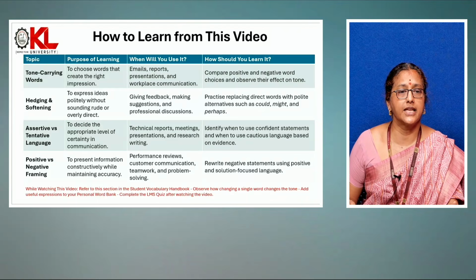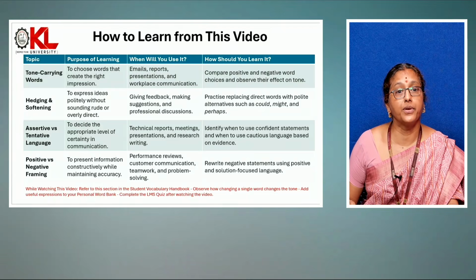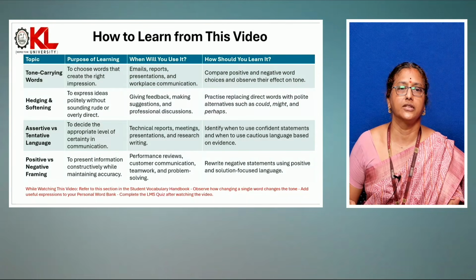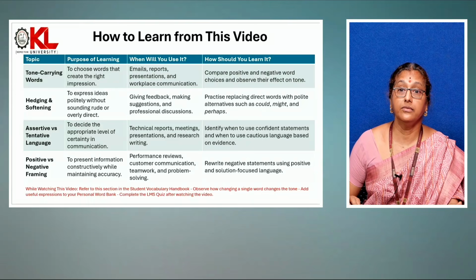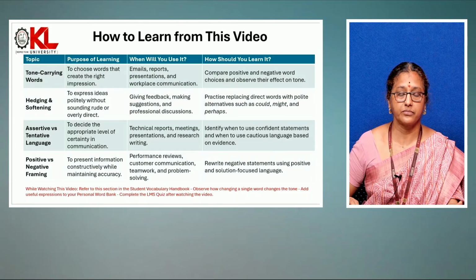Assertive versus tentative language. To decide the appropriate level of certainty in communication. This is the purpose of it. And when will we use it? Technical reports, meetings, presentations, and research writing. Then how should we learn? Identify when to use confident statements, when to use cautious language based on convenience.